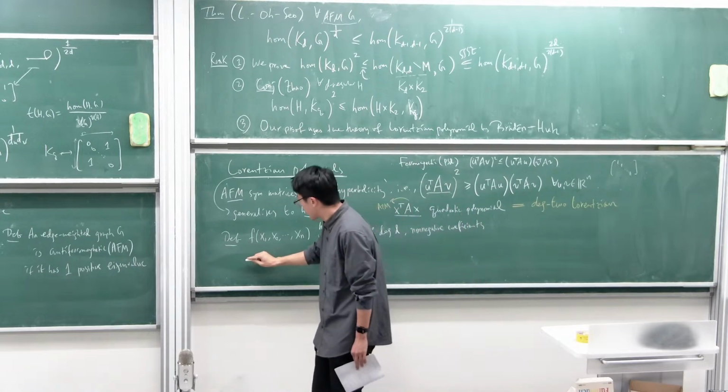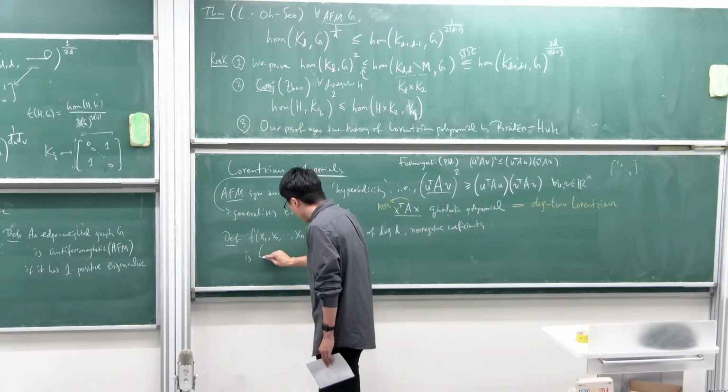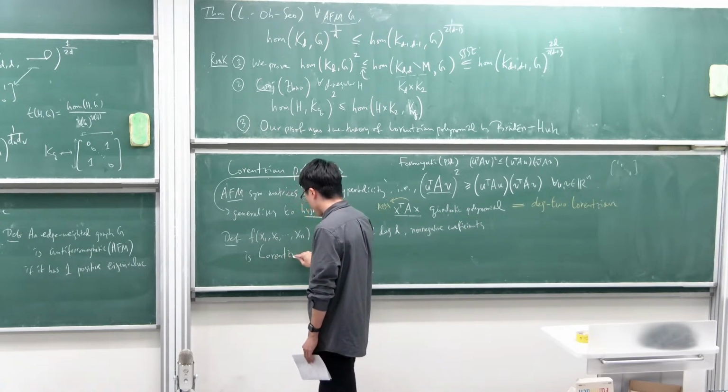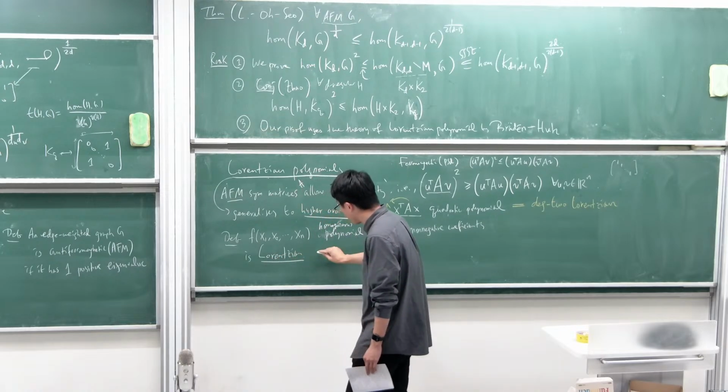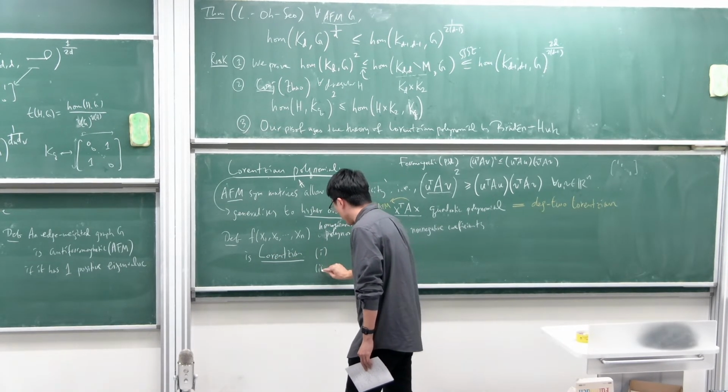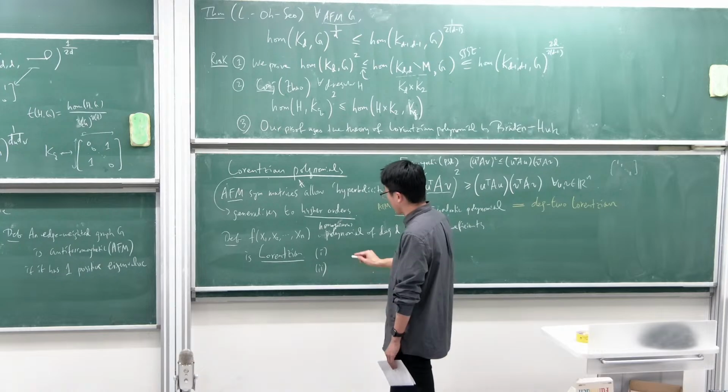Then this is Lorentzian if the following two conditions hold. The first one is kind of clear.